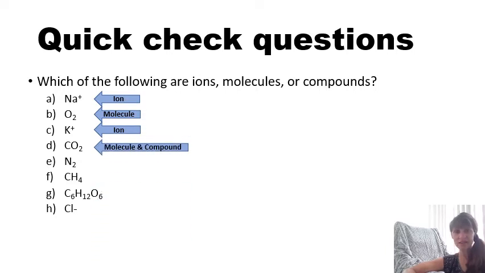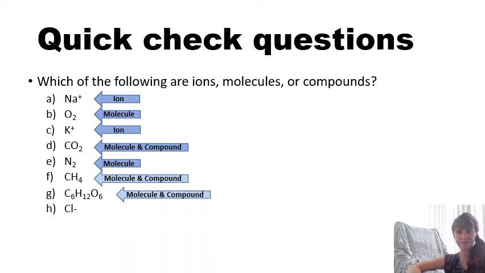Carbon dioxide is both a molecule and a compound. It's a molecule because it contains 2 or more atoms. It's a compound because those atoms are different. Here's a molecule of nitrogen, a molecule and compound of methane, a molecule and compound of glucose.